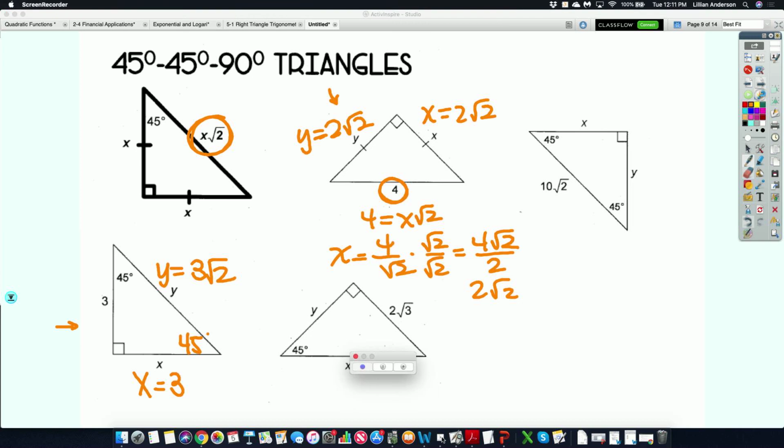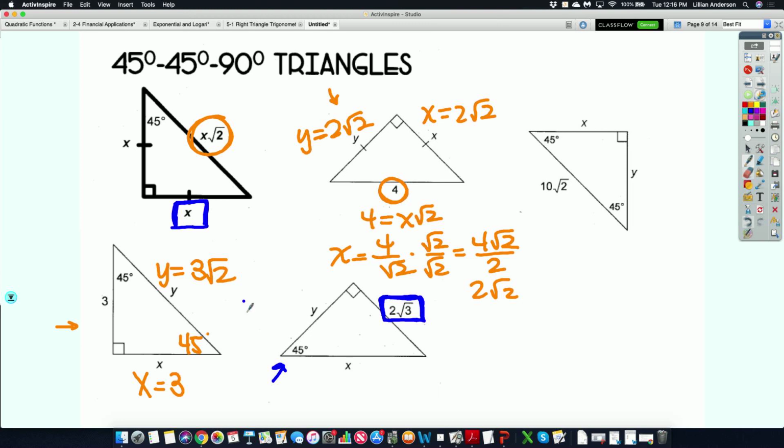Try the other two. So this one, let's go this one down here. Okay? This 2 square root of 3 corresponds to your x, right? So then in order to find y, well actually I already know y, don't I?